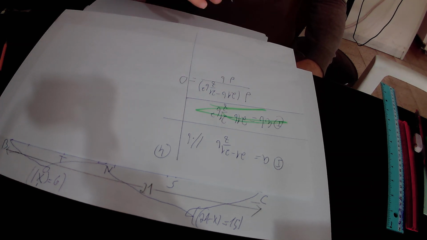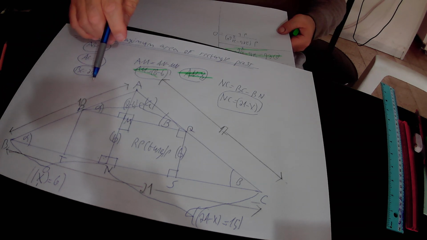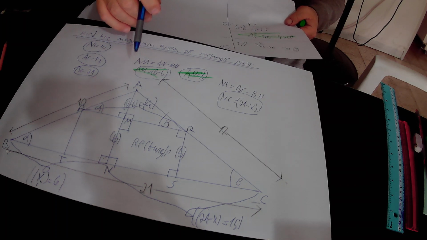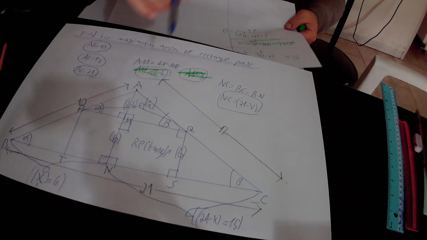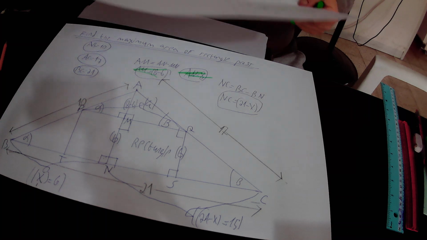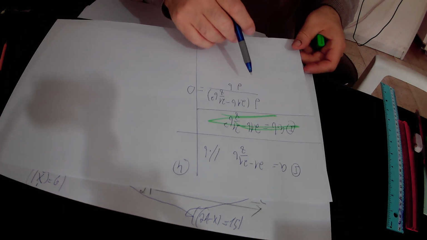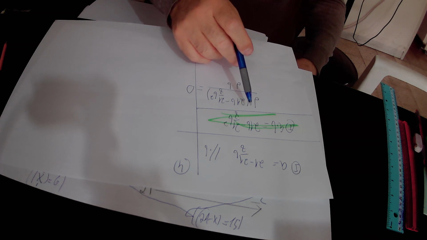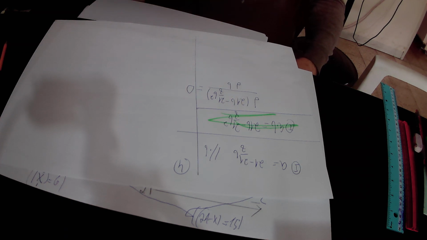In this way we'll find out the extreme point of this rectangle PQST. The extreme point might be a minimum extreme point, or it might be a maximum extreme point. We will choose, of course, the maximum extreme point of this function area A of b, which is equal to 21b minus 21 over 8 times b squared.